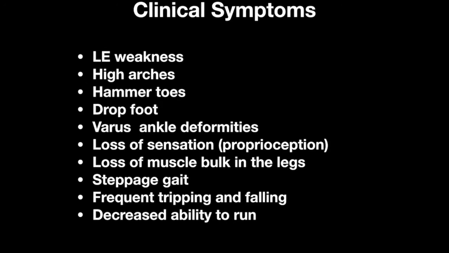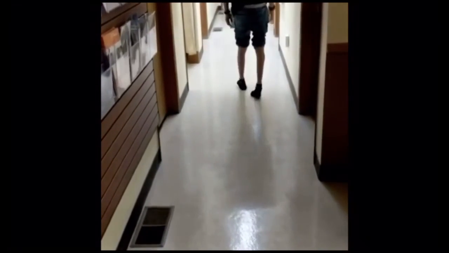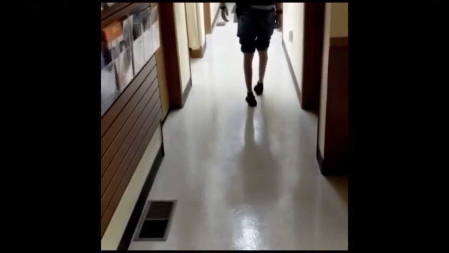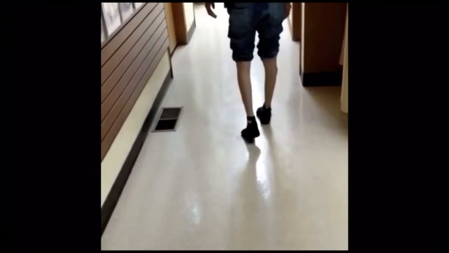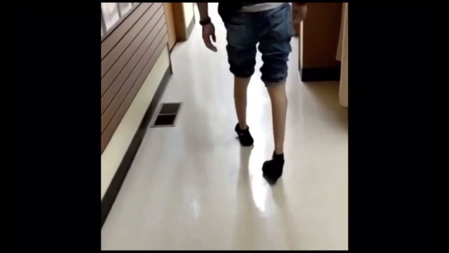So here are some examples of CMT patients. The first thing you want to notice is that there's a decrease in muscle bulk in the lower extremities. The calf musculature is fairly atrophied. The next thing you want to notice is that there's a significant varus deformity. He actually is bearing weight on his calcaneus and his fifth metatarsal head; his first metatarsal head really doesn't contact the floor until the end of second rocker, which is toe off there.